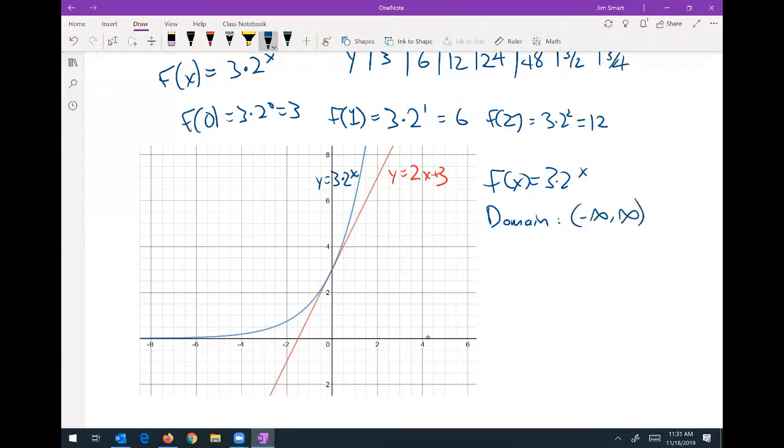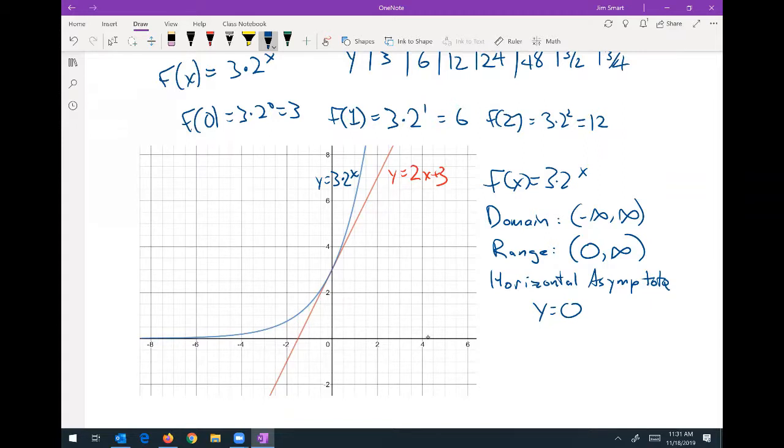But the range, this function will only spit out positive numbers, so that's 0 to infinity, with no parentheses. We have a horizontal asymptote. Remember, horizontal lines have the form y equals. So the horizontal asymptote is y equals 0.